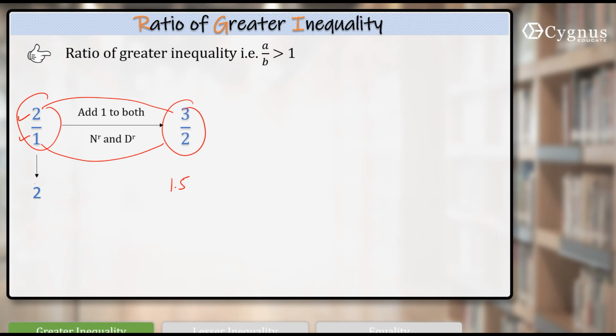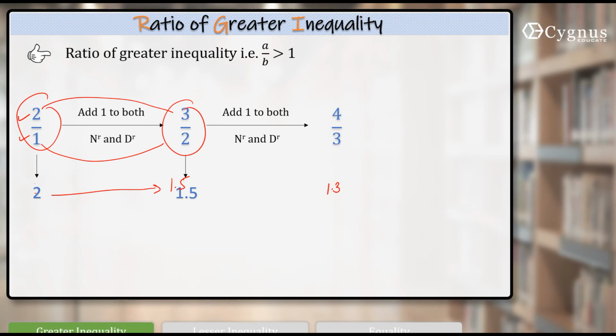So can we say whenever we add the same number to both numerator and denominator, in case of greater inequality, the value of the ratio is going to decrease. Earlier it was 2, now it has become 1.5. Now what if I add 1 to both again? This 3 by 2 will become 4 by 3.